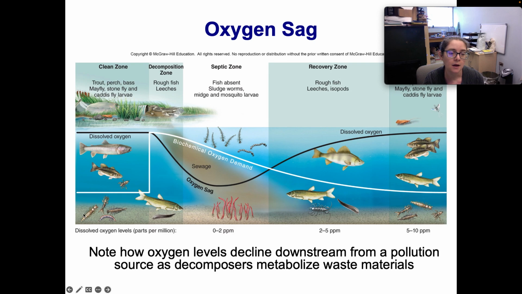Another important thing is that we often use aquatic insects as bioindicators of water quality, because many of them vary in how well they can handle different kinds of contaminants. This is a mayfly. This looks like a dragonfly larva and maybe a caddisfly.